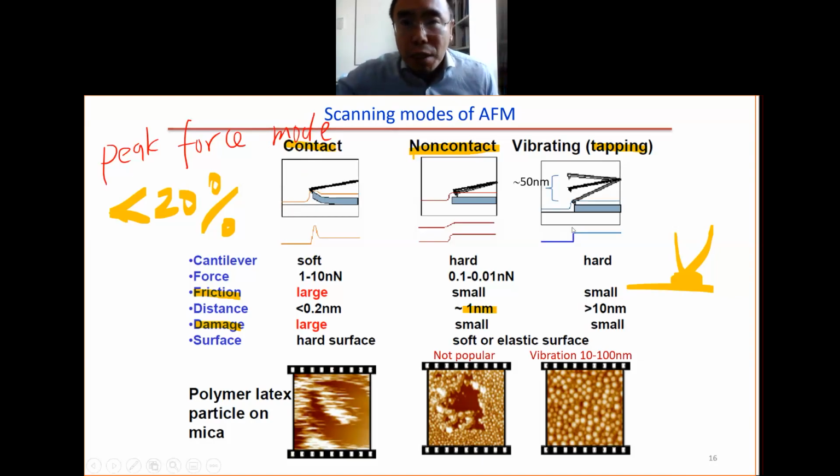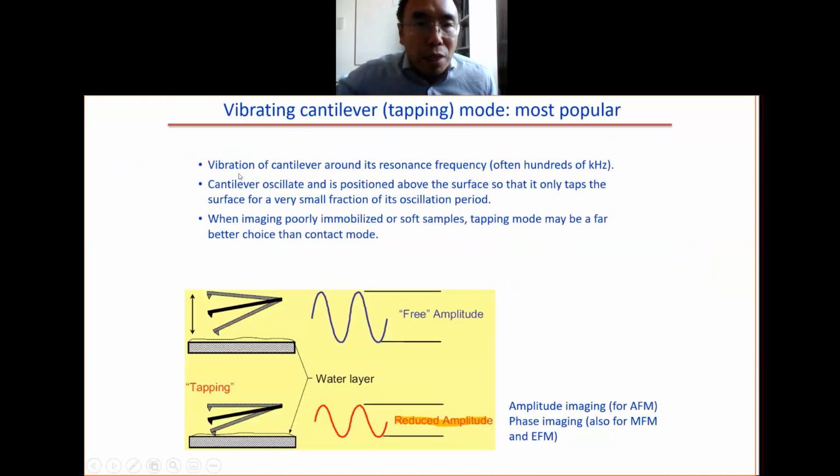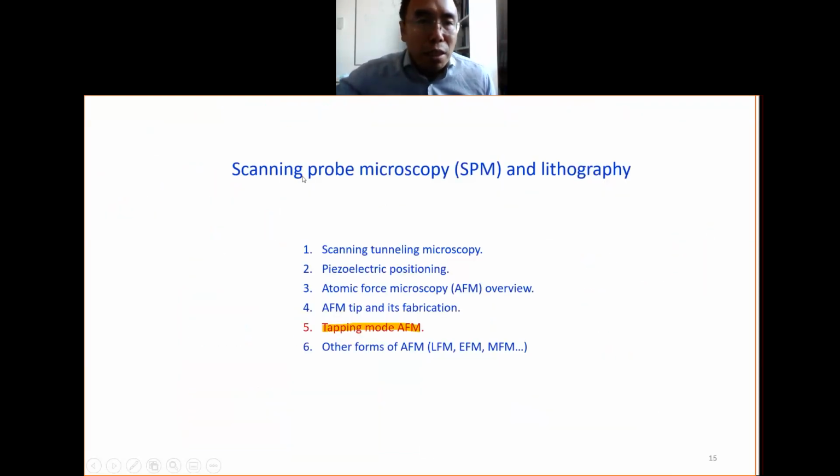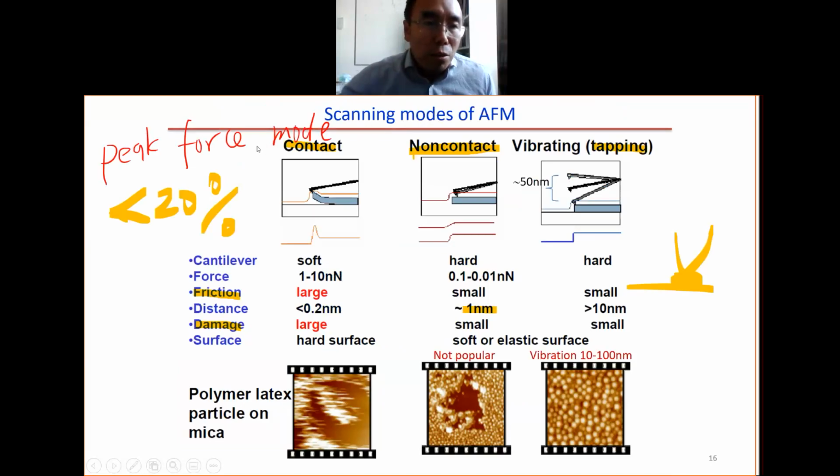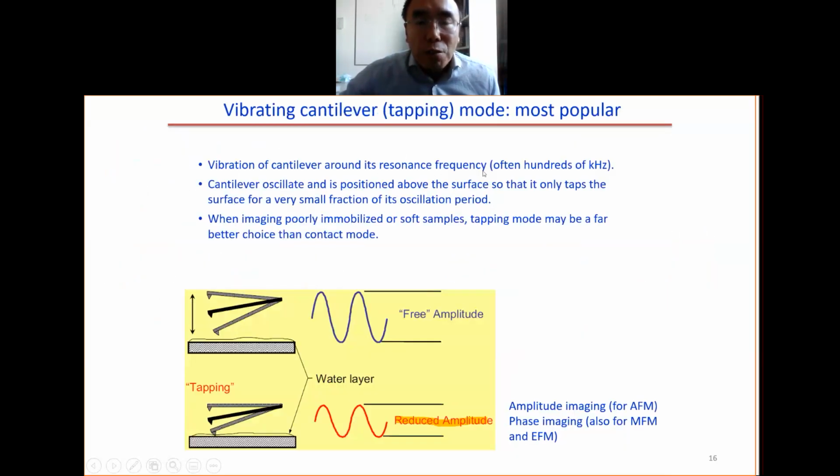The difference is that for the usual tapping mode, the vibration is at the resonant frequency, which is typically hundreds of kilohertz. For this peak force tapping mode, the vibration is about 2 kilohertz. This is much smaller than, for example, 300 kilohertz. So it is still a tapping mode, but the tapping frequency is much lower than the resonant frequency.